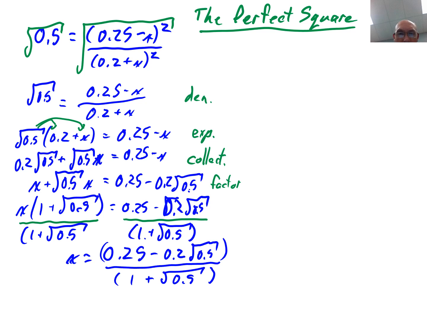At this point, it's going to take you some time to put that into your calculator. Make sure you have the brackets so that you can separate your numerator from your denominator properly because of order of operations. If you do it all correctly, you're going to get the value of 0.0636.